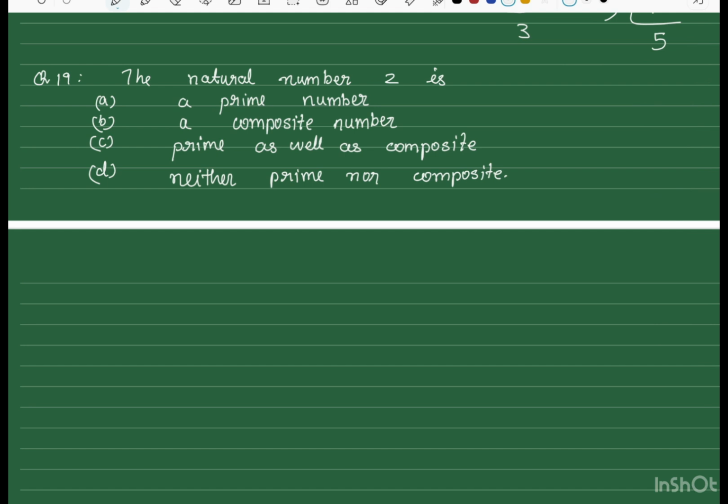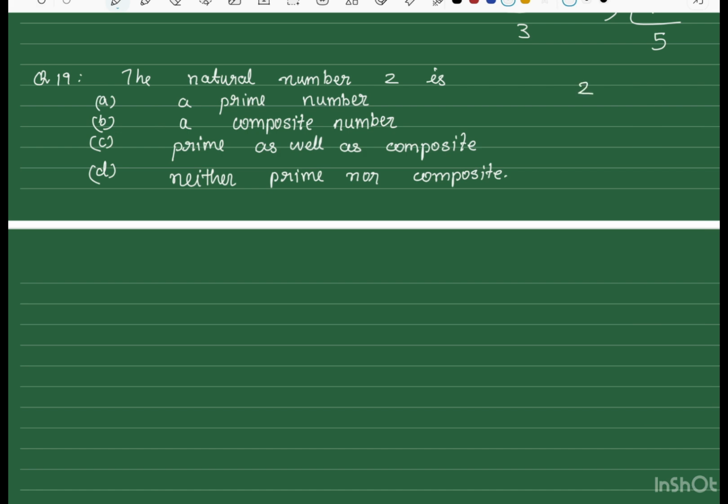Question number 19. The natural number 2 is a prime number, a composite number, prime as well as composite, neither prime nor composite. A prime number is a number which has exactly two factors, 1 and itself.